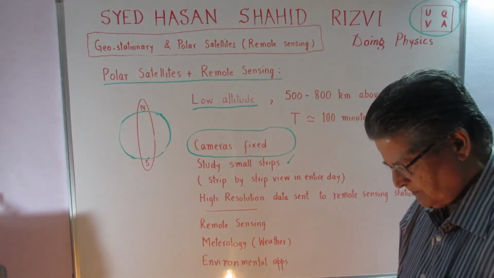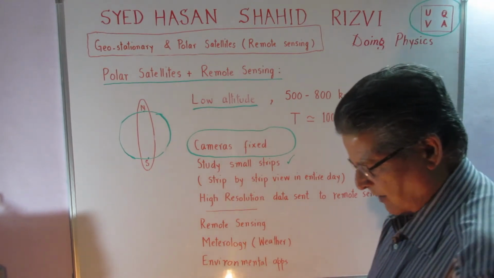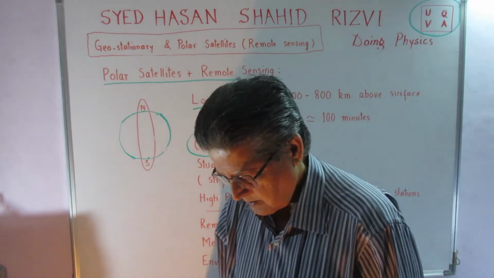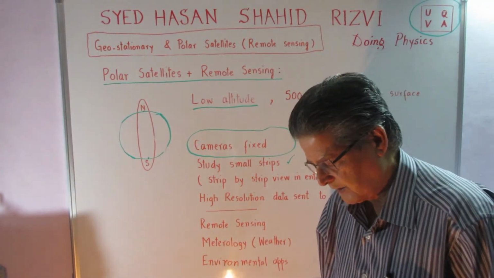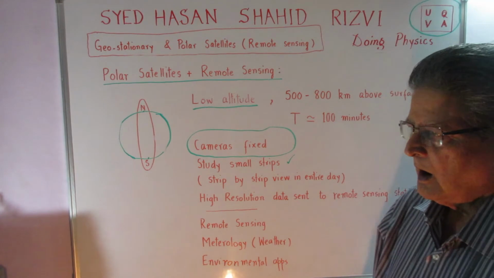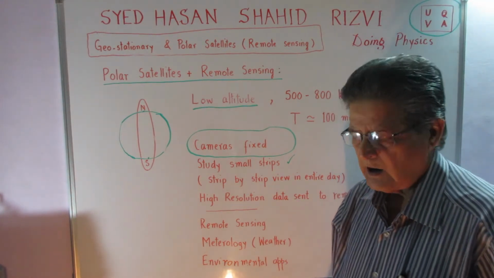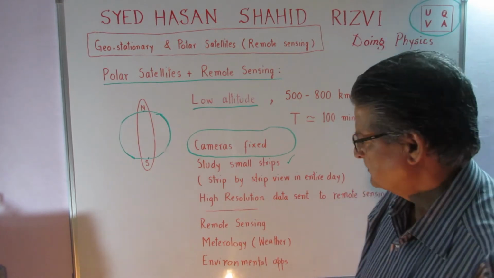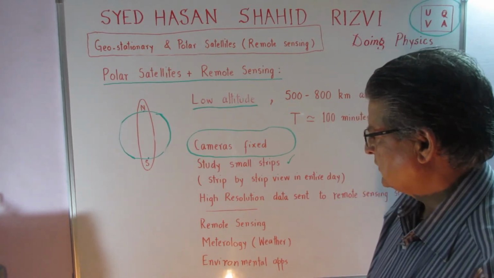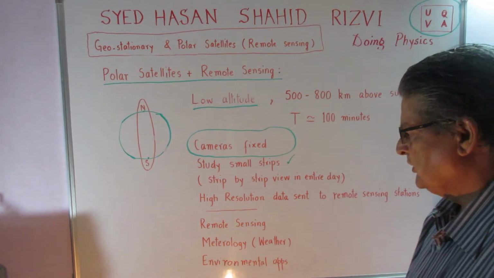These cameras are high resolution cameras and high frequency waves. They carry the information either in analog form or in digital form. These days mostly in the digital form. All communication is taking place in the digital form.